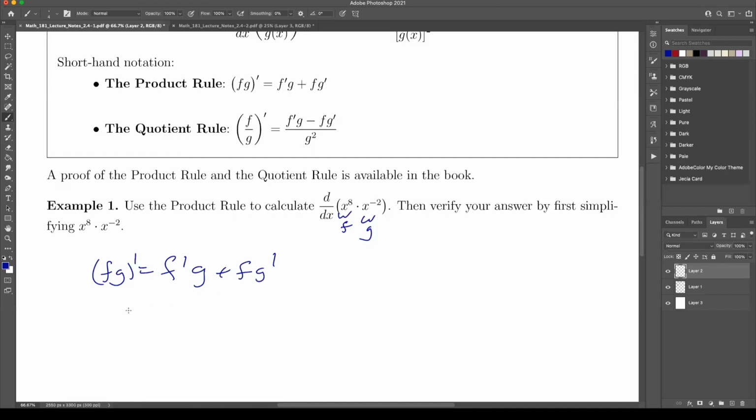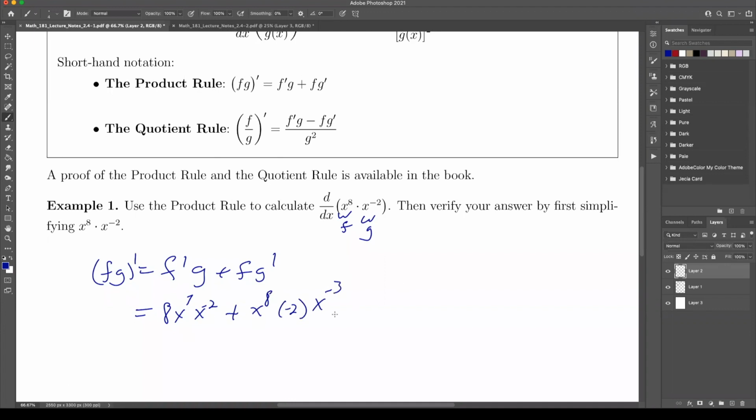All right, so f prime, the derivative here, is 8x to the 7th, because I bring down the 8 and then I take one off of this, and then we multiply by g, which would be x to the minus 2. Here, we're going to add to it. We're going to leave f, and then we're going to take the derivative of this one. So here I pull in the minus 2, and then it will be x to the minus 3, because minus 2 minus 1 gives me minus 3.